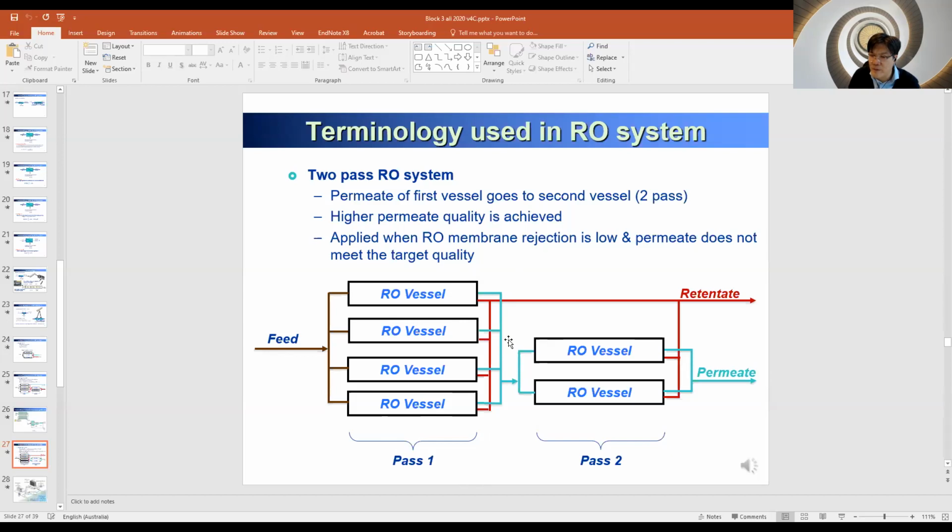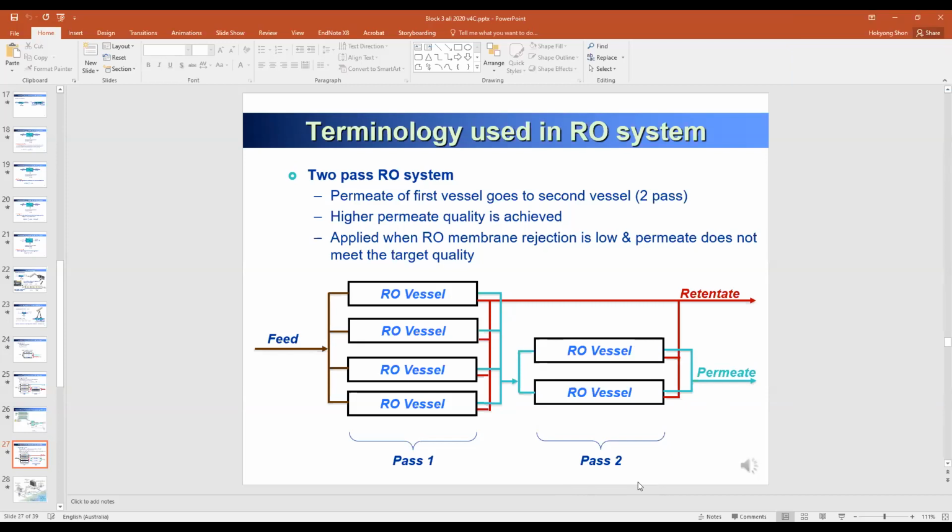So boron removal is less than 50%, and you still have 2 or 3 milligram per liter of boron. So go through another second pass, and then the boron concentration will be less than 0.2 milligram per liter. So depending on your water quality, we can design your second pass of the RO system.